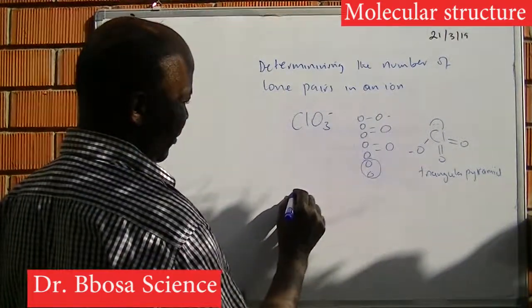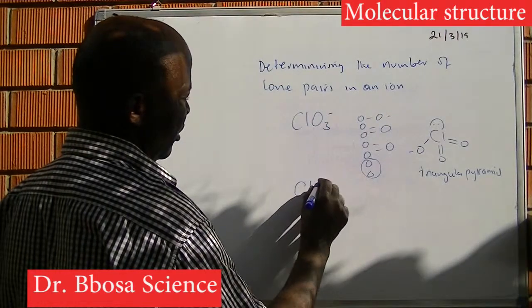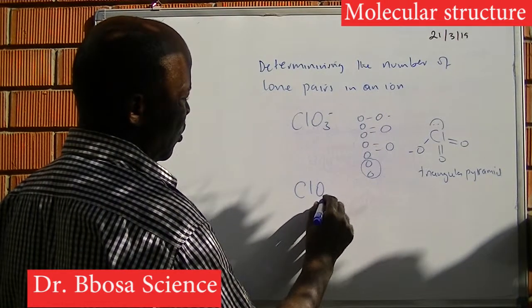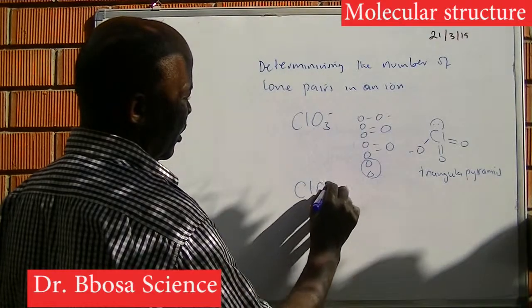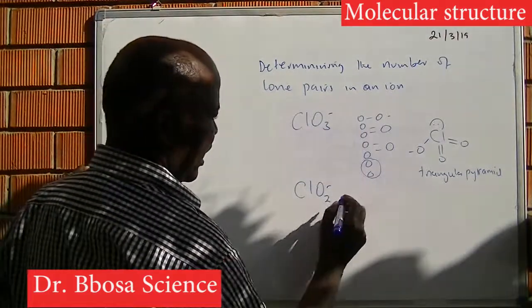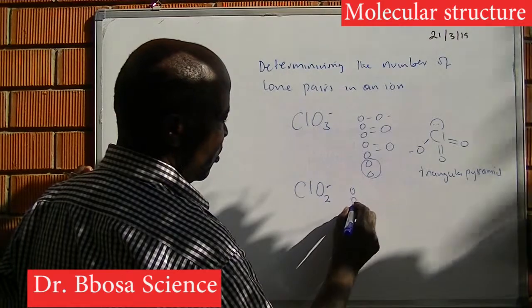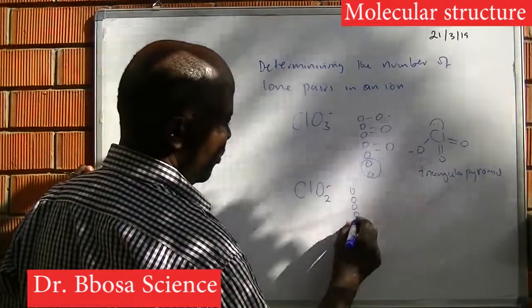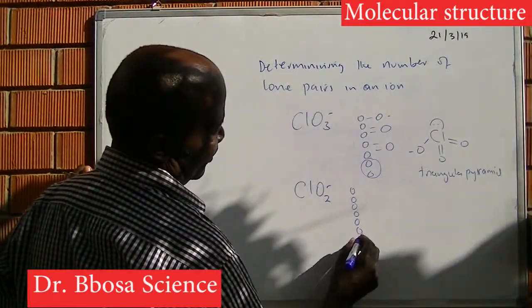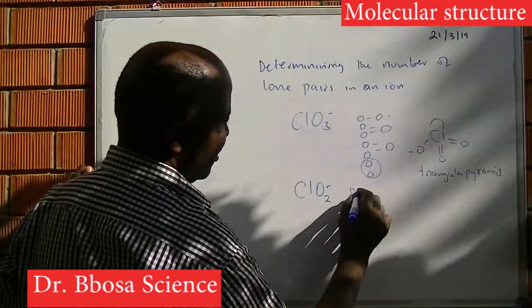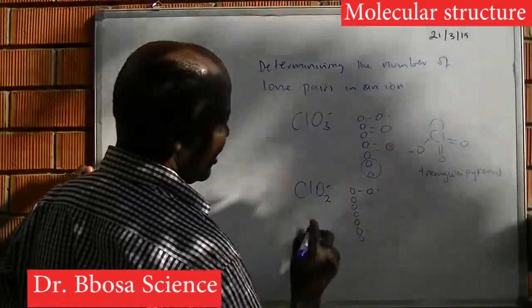Another example is ClO2 with a negative charge. Again, chlorine has 7 electrons, 1, 2, 3, 4, 5, 6, 7. One oxygen atom will bond with 1 electron and it will carry a negative charge.